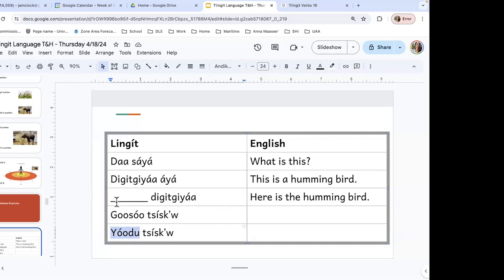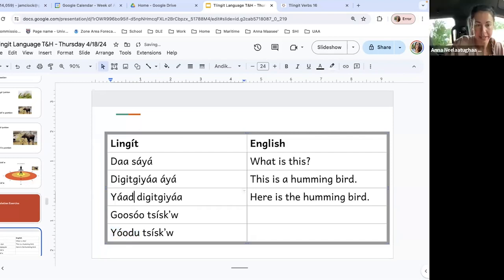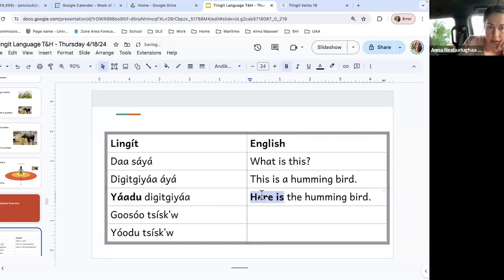Yeah, good. So ya do is here is the hummingbird. And then ya aya by comparison is this is a hummingbird. So in one case we're saying what something is, and in another case we're confirming the location. Here is the hummingbird. We're saying where something is.